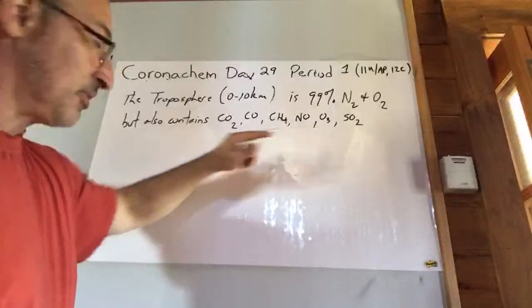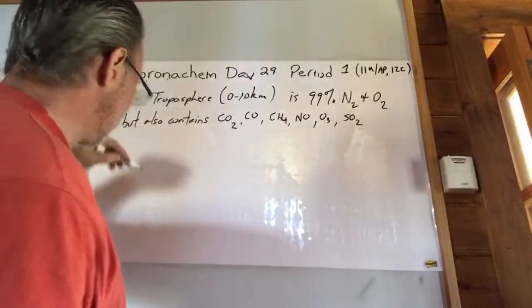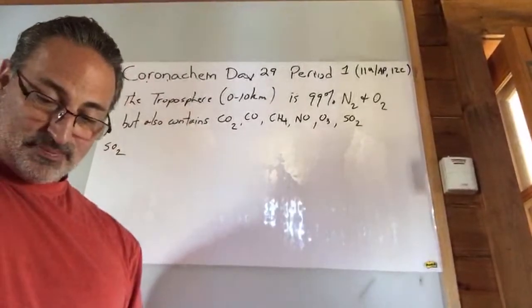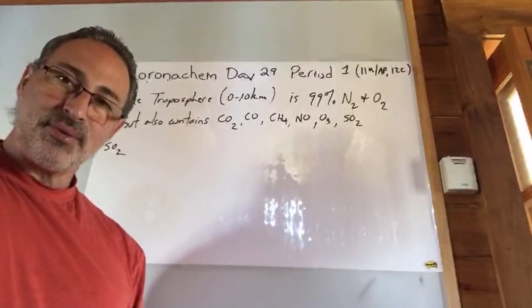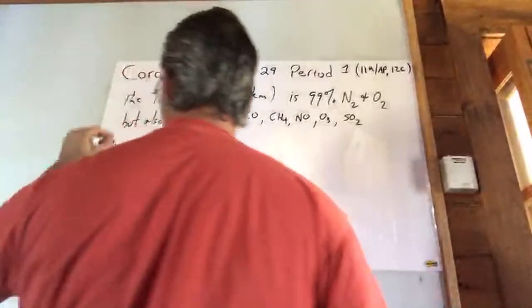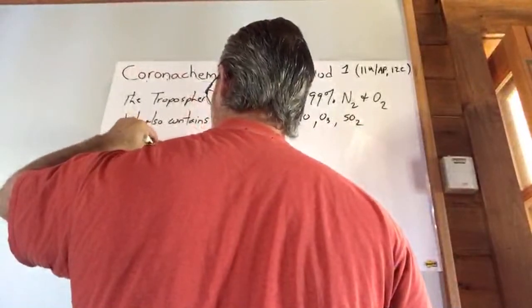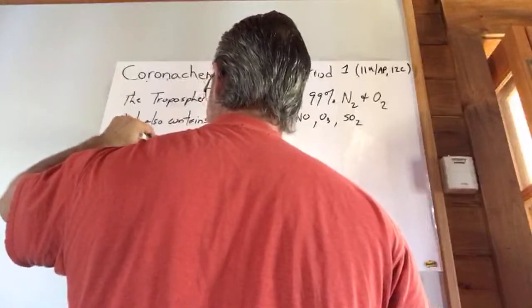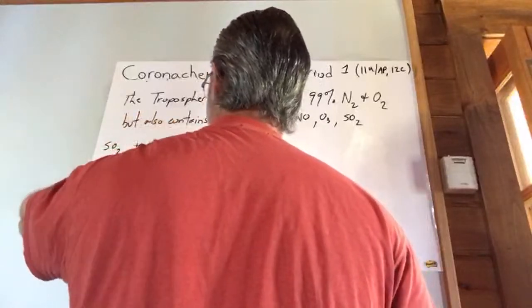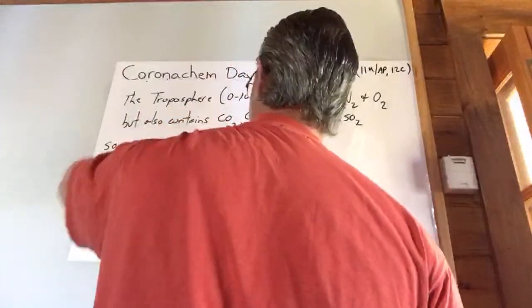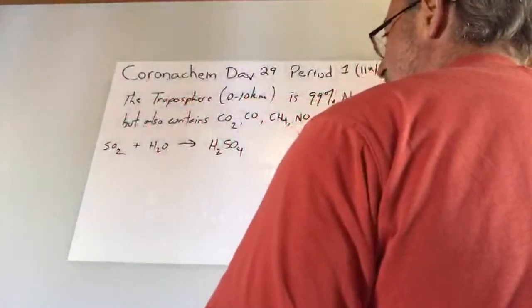Let's look at sulfur dioxide first of all. Sulfur dioxide and also oxides of nitrogen contribute to the formation of acid rain, because what happens, for example, with sulfur dioxide is that it can combine with water in the atmosphere, and you produce sulfuric acid.